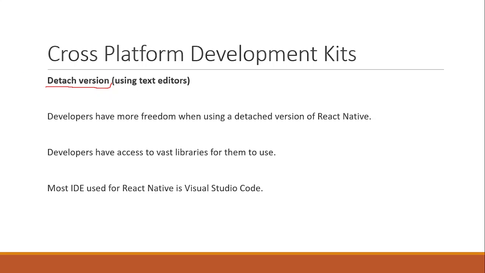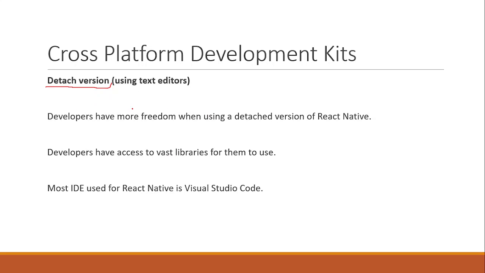So in this case, you have freedom when creating our React Native applications. And then we have access to vast libraries. These libraries are maintained and created by the community. So they are the experts, right? Experts at creating their own packages or libraries to access different components like Bluetooth, your Wi-Fi, your NFC, etc.